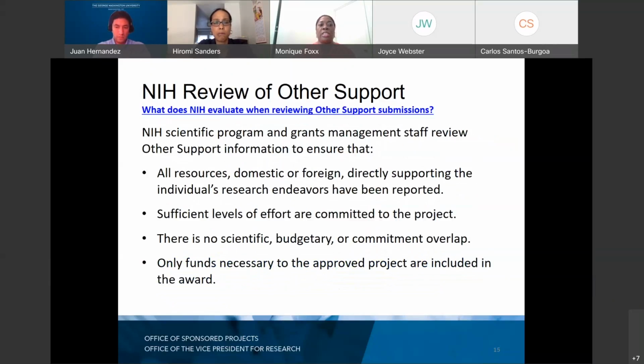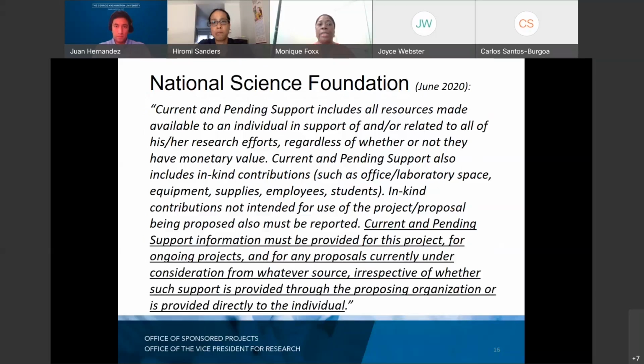But the NIH scientific program and grants management staff review the other support information to ensure all resources, domestic or foreign, directly supporting the individual's research endeavors have been reported, have been disclosed. Sufficient levels of effort are committed to the project. There is no scientific, budgetary, or commitment overlap. Only funds necessary to the approved project are included in the award.